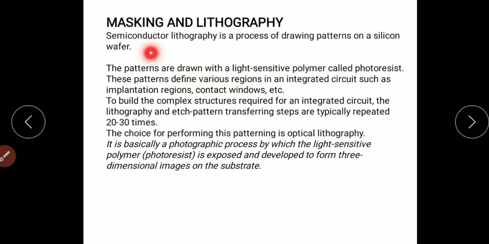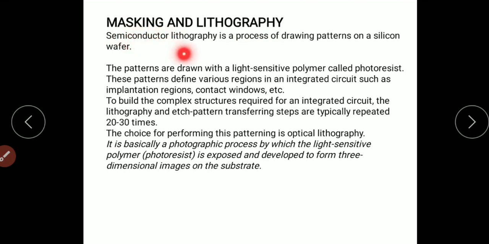For that purpose we are using the masking and lithography process, or photolithography process. This is an important step, and it will be repeated many times in the fabrication of an IC. So what is the function of the mask here?